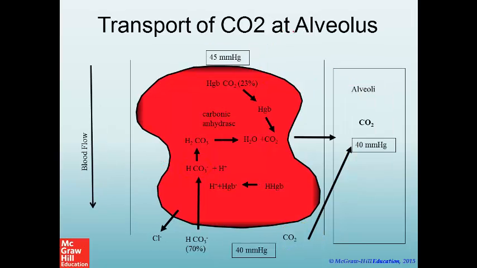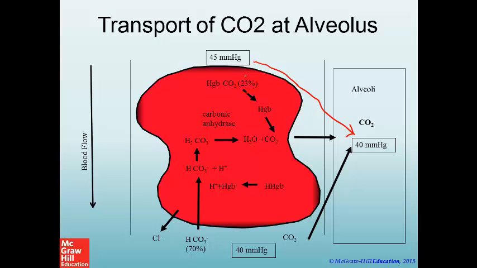Then at the alveolus, the opposite happens. The CO2 that's in the plasma diffuses out, right? So from 45 to 40, right, from high to low, ends up in the alveolus to be exhaled. And then that can be replaced by this amount of CO2 bound to hemoglobin. Hemoglobin lets go of CO2. The O2 level is higher, right?